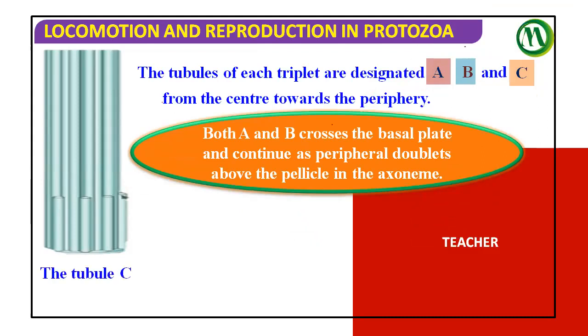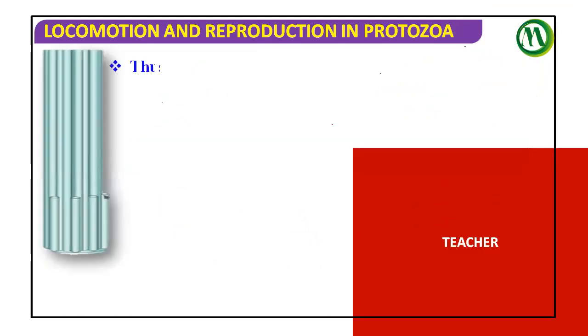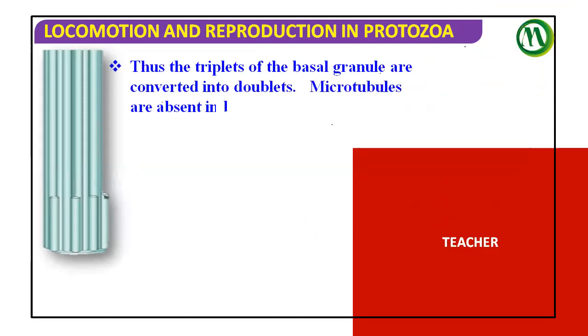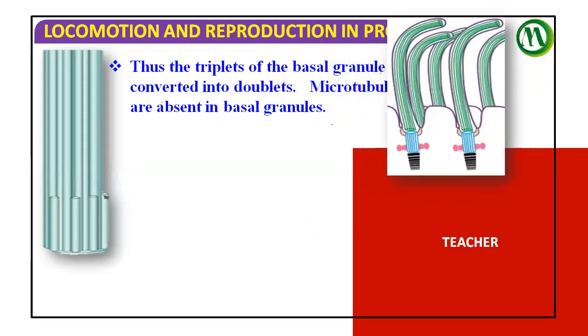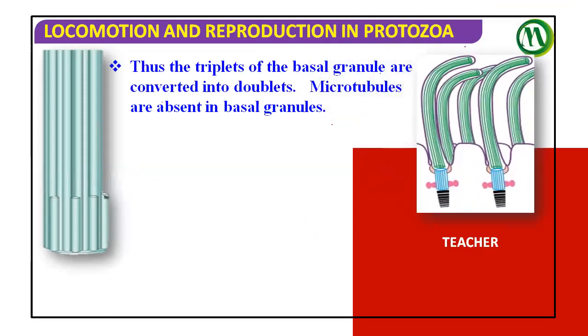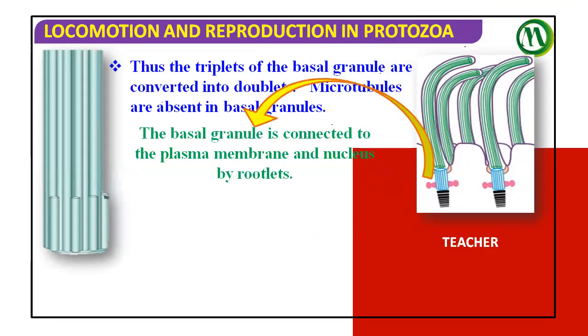The tubule C terminates at the basal plate. Thus, the triplets of the basal granule are converted into doublets. The central microtubules are absent in the basal granule. The basal granule is connected to the plasma membrane and nucleus by a rootlet.